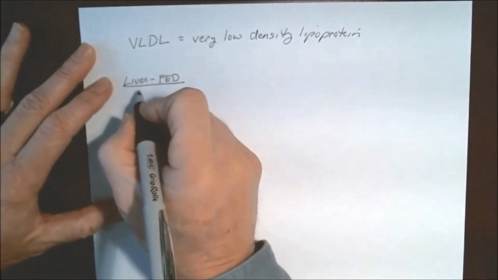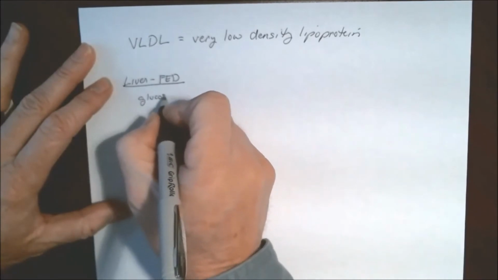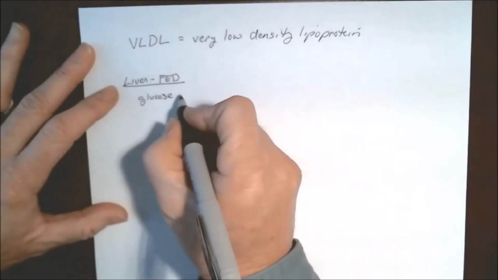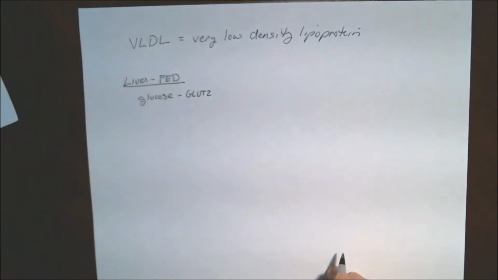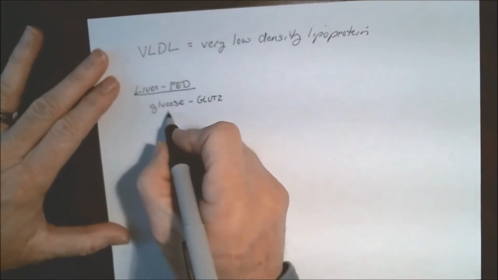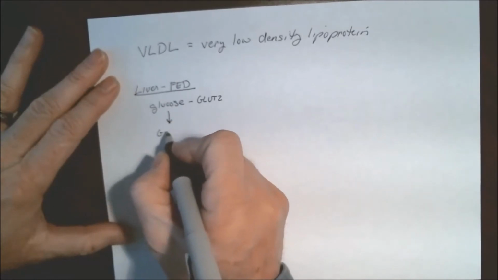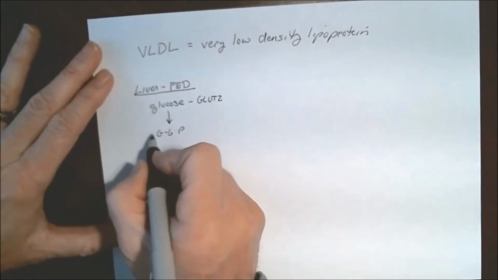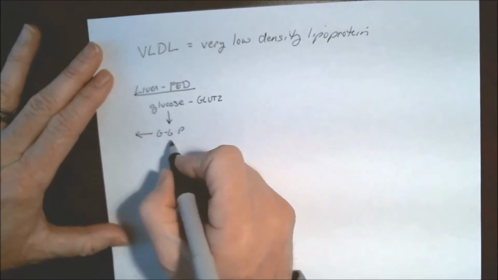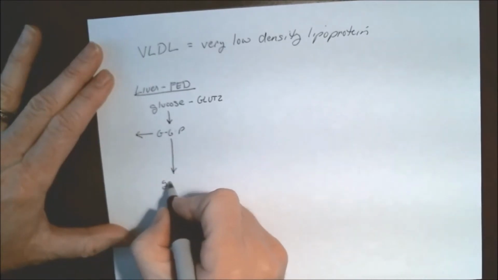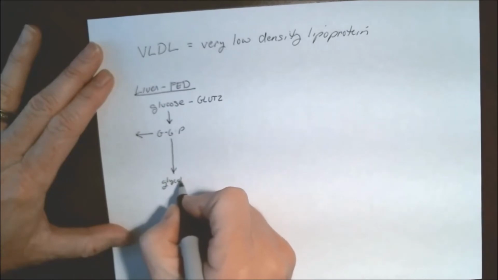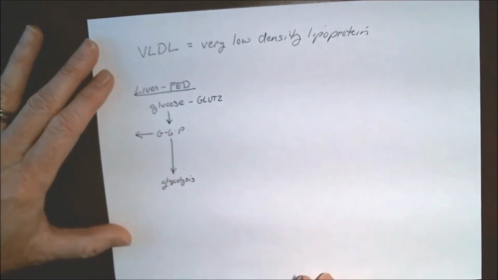And liver in the fed state, recall, is going to have a plentiful supply of glucose coming in by the GLUT2 transporter. And this glucose, remember, will form glucose 6-phosphate. The energy charge of the cell will be maximized by glycolysis.